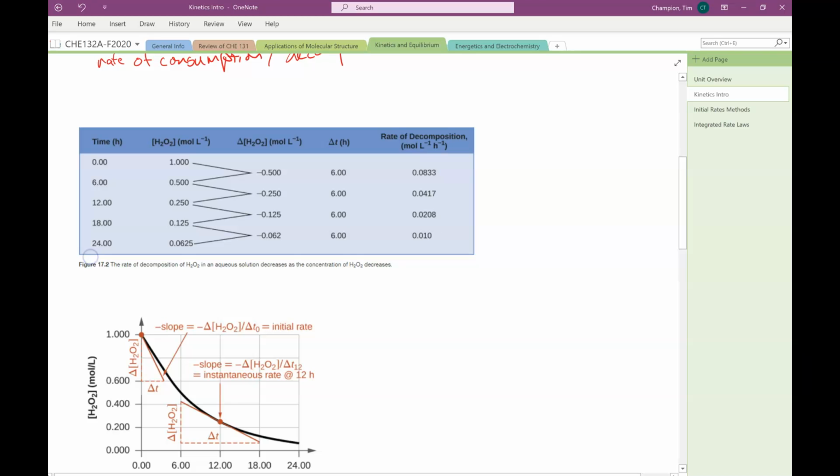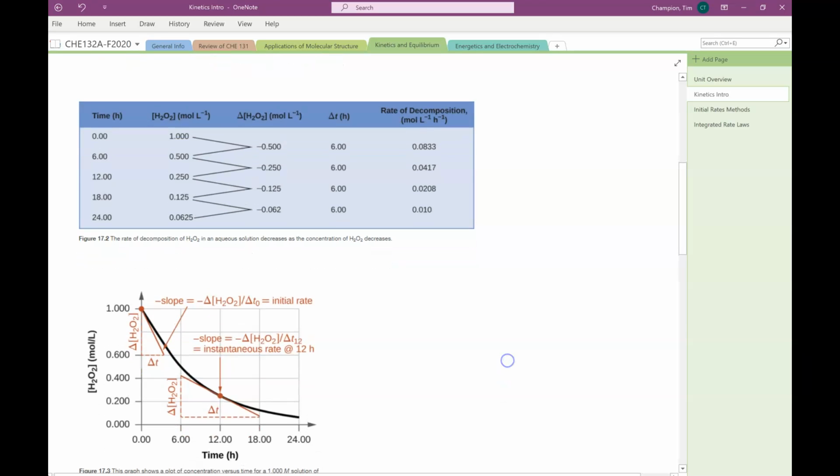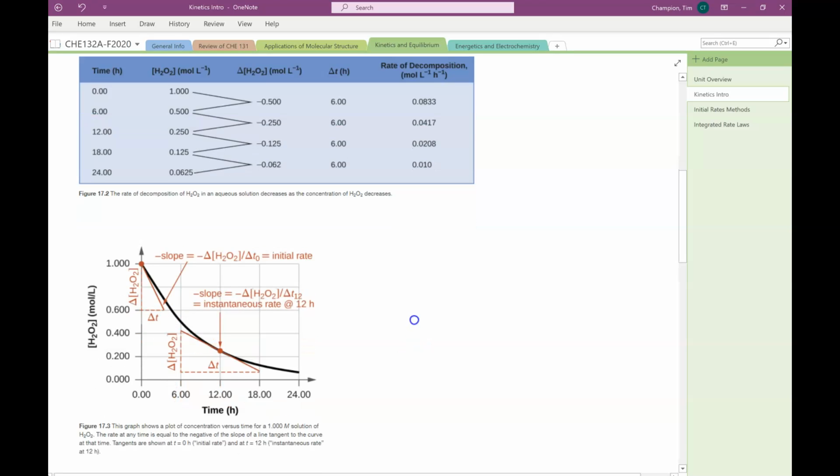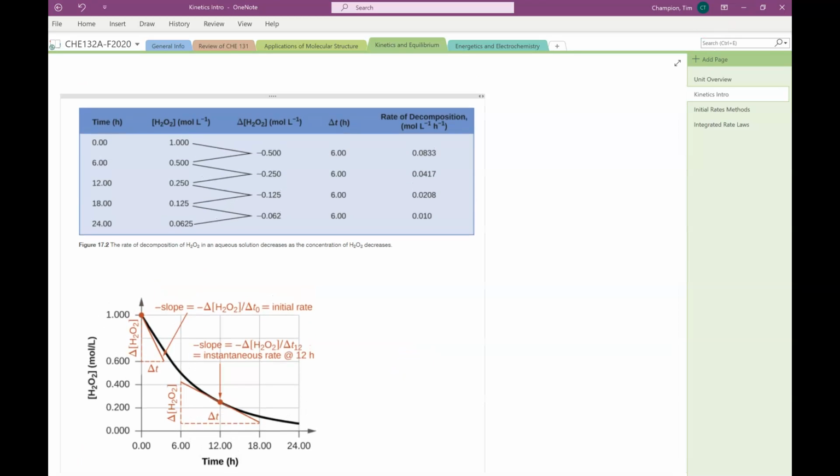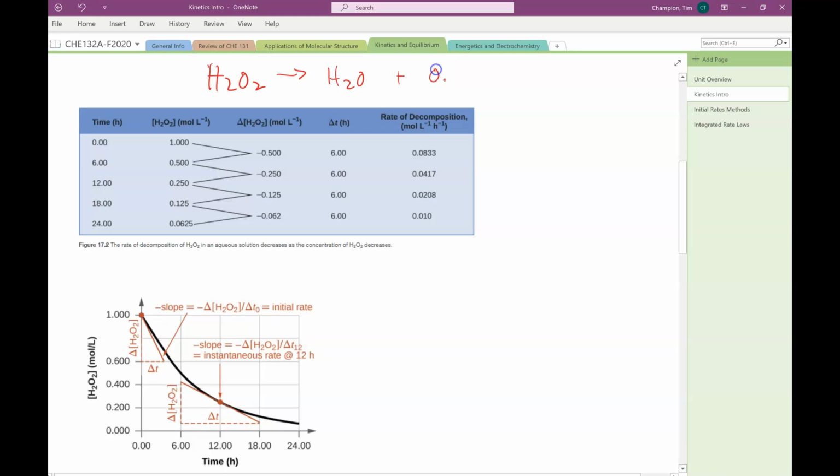Now, I'm going to talk about actually how you measure a rate. And again, this is a graph-heavy concept. These figures are taken from your textbook, and we're looking at a reaction. That reaction is the decomposition of H2O2, hydrogen peroxide, going to water and oxygen gas.